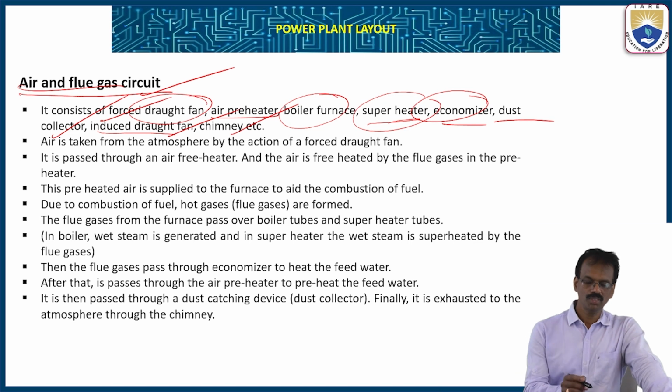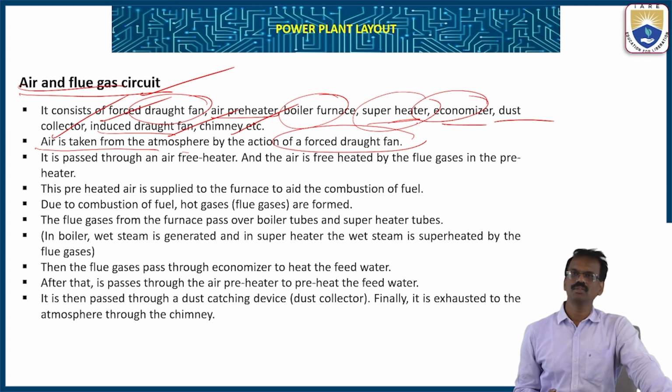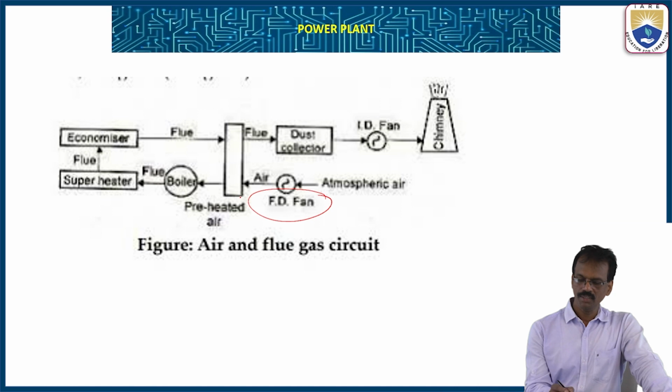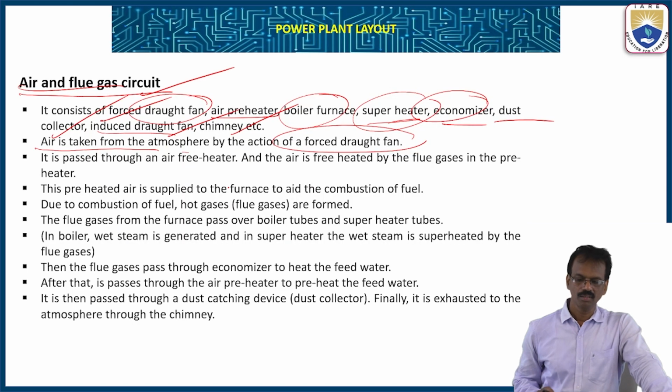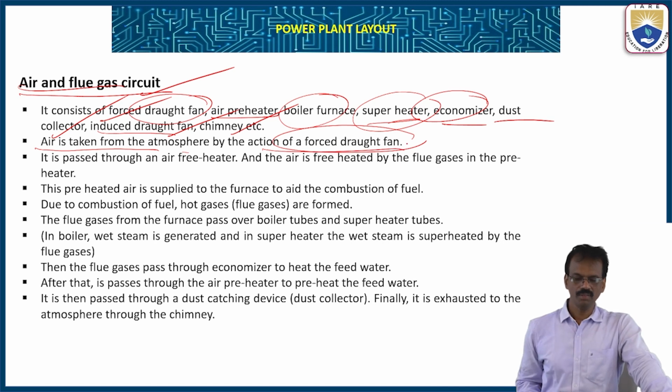First of all, we will see air is taken from the atmosphere by the action of the forced draught fan. So the air goes from the atmosphere to the preheater.